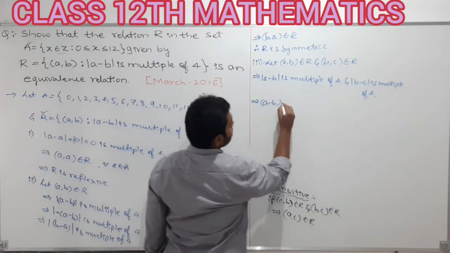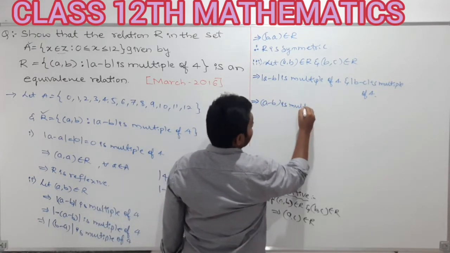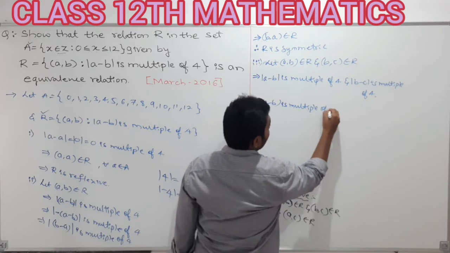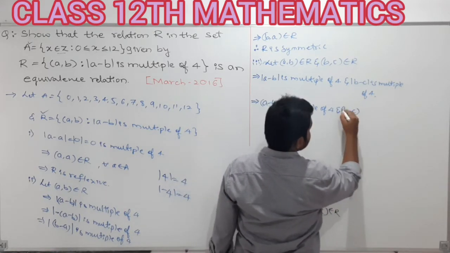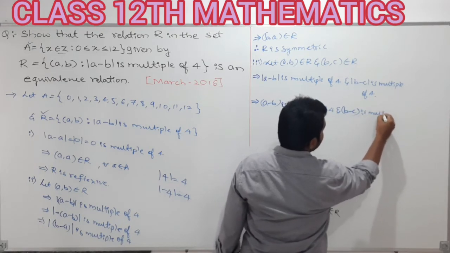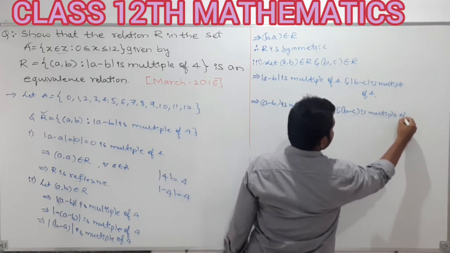So a minus b is a multiple of 4 and also, my dear students, b minus c is also a multiple of 4.